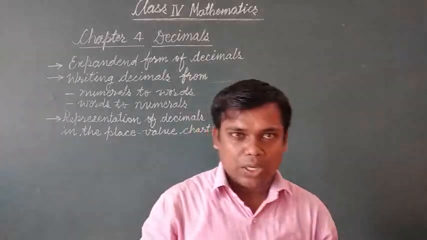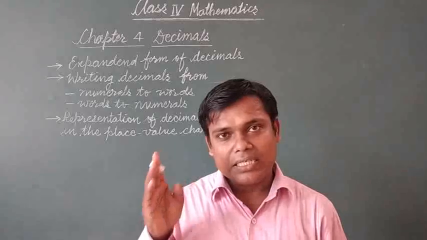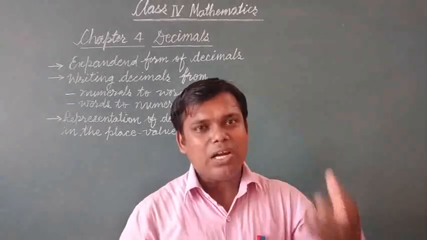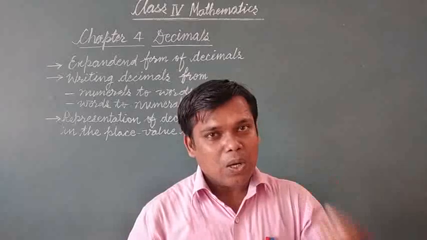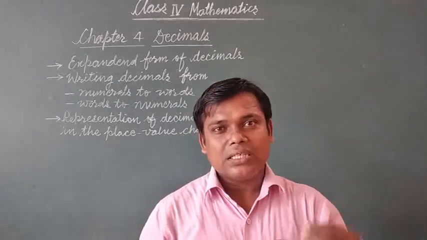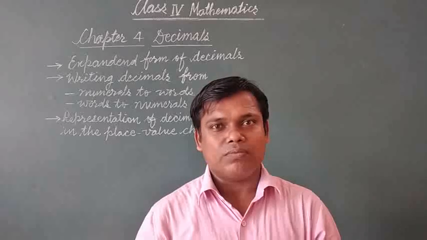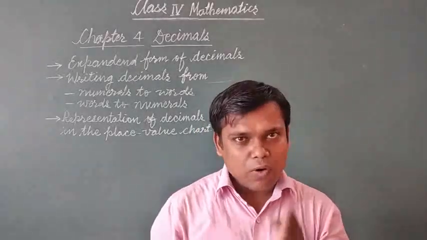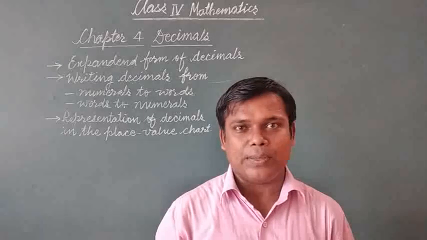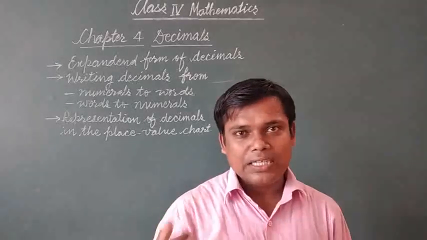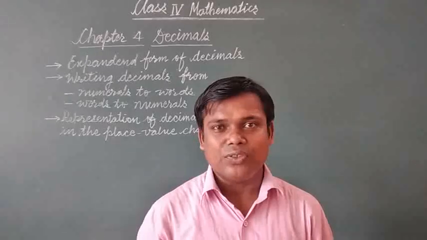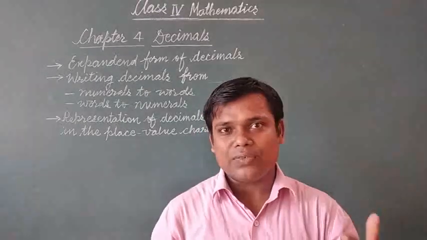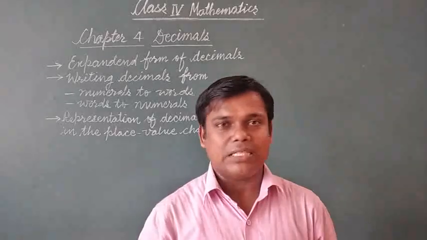You have already done expanded form on whole numbers, so for the whole part you will write in the same way, but for the fractional part you have to write according to the place value chart, as I discussed in the previous class when we studied decimals.